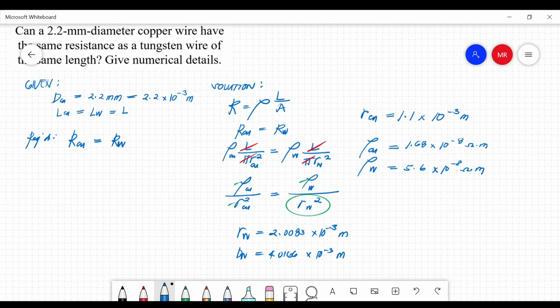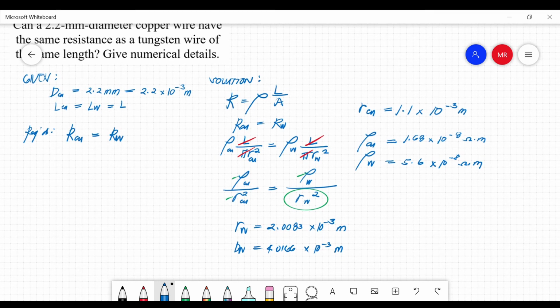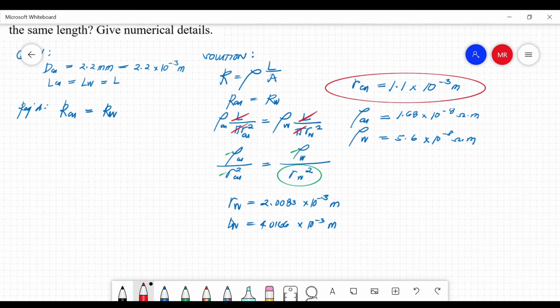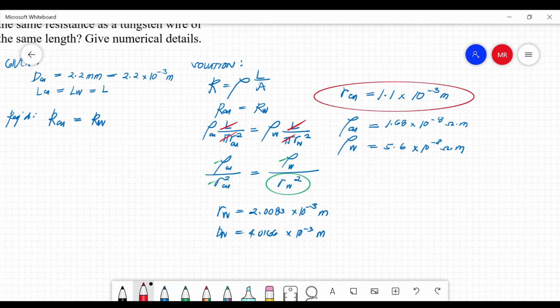If you try to notice, the radius of the copper wire is 1.1 times 10 raised to negative 3, but according to what we have solved, the radius of the tungsten should be 2.008 times 10 raised to negative 3. So almost double the size of the copper wire.